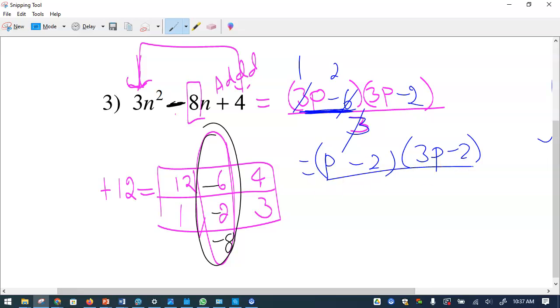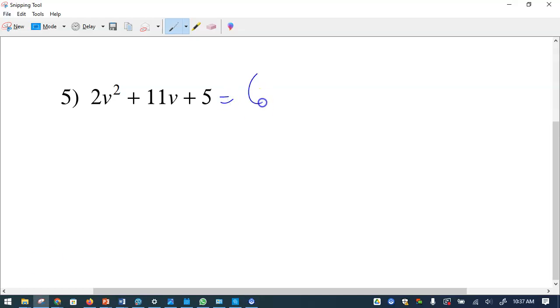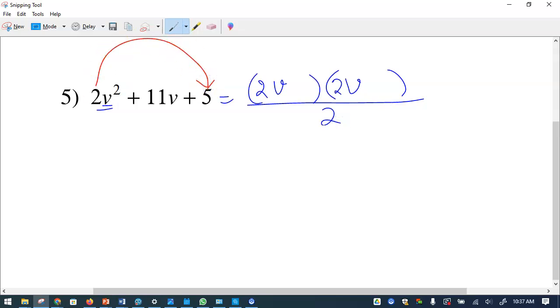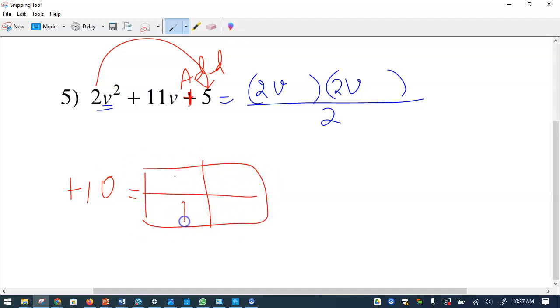Let's do another one. Okay, step one is there's a 2v, right? So you put 2v here, 2v here, and then divide by 2. Now multiply the first number and the last number, and you see it's plus 10. There's a plus sign. Look out for the numbers that add up. So 10 can be split into 1 times 10 is 10, and 2 times 5 is 10.